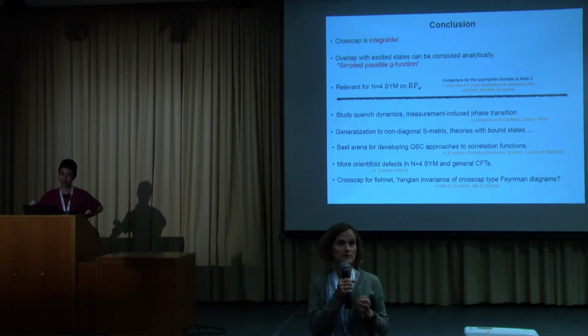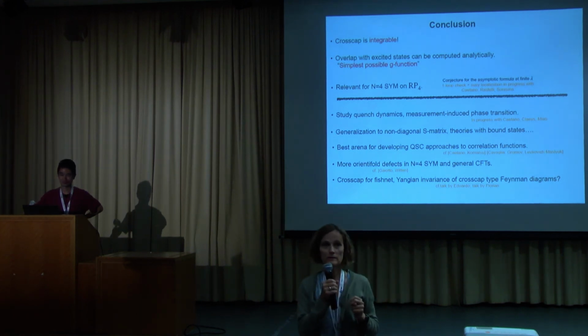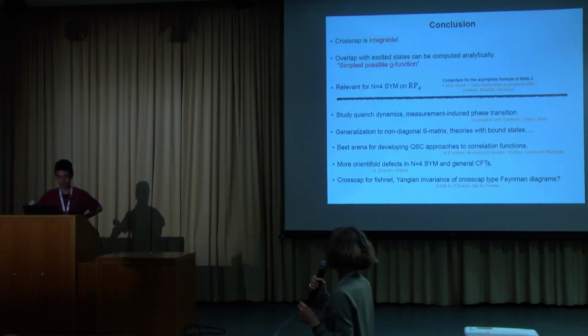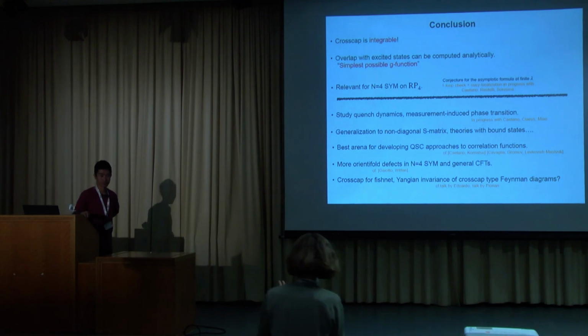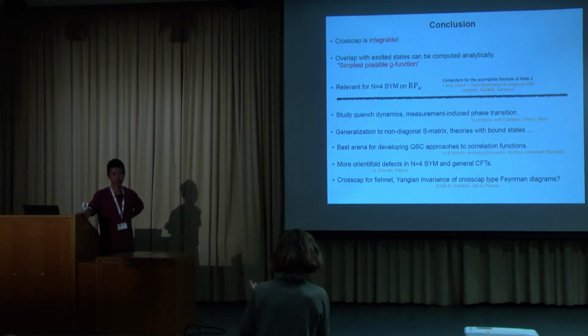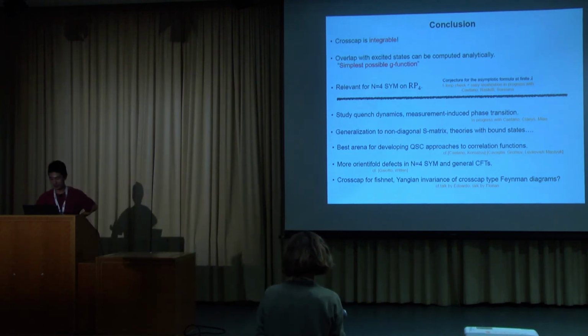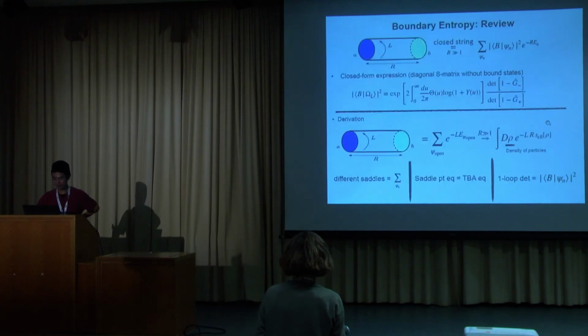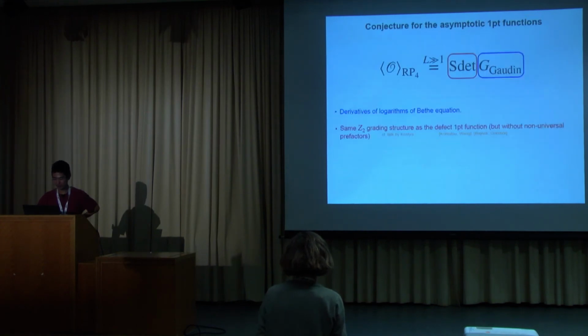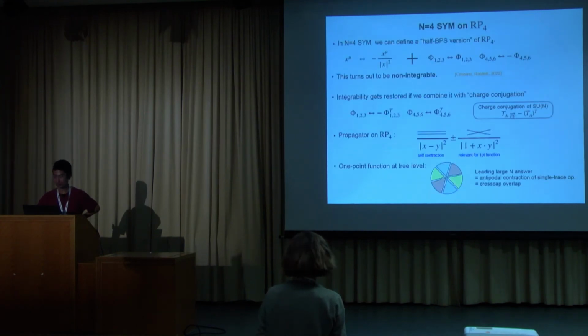Okay, we're still on time, so we can have maybe one more question. Otherwise, I can ask, is there any connection to super Yang-Mills with alternative gauge groups? You mean SO(N) or Sp(N)? Yes. So let me just mention that this identification is what converts SU(N) to SO(N) or Sp(N).